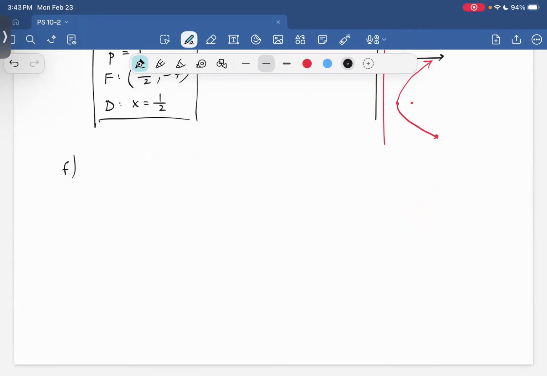Let's do part F. Y equals 1/4 times x squared minus 2x plus 5. Let's isolate both sides. So I'm going to multiply both sides by 4. Then subtract 5 from both sides as well. Now I'm going to complete the square on the right-hand side.